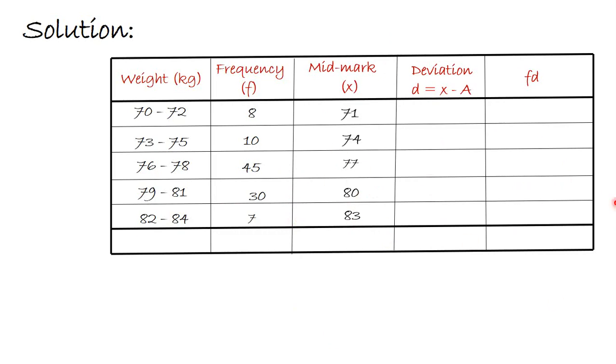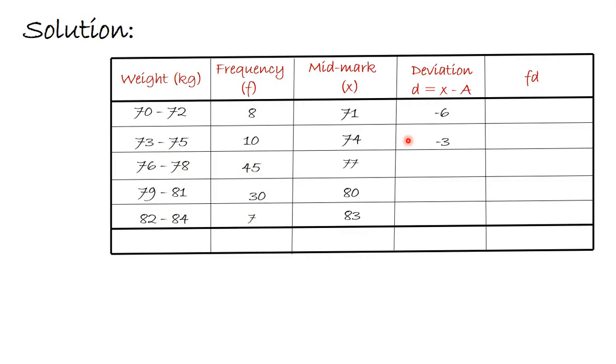So now let us also go ahead and get the deviation d, which is x minus a. A is 77. And so we shall have 71 minus 77, which gives you negative 6. Then we have 74 minus 77, and that gives you negative 3.